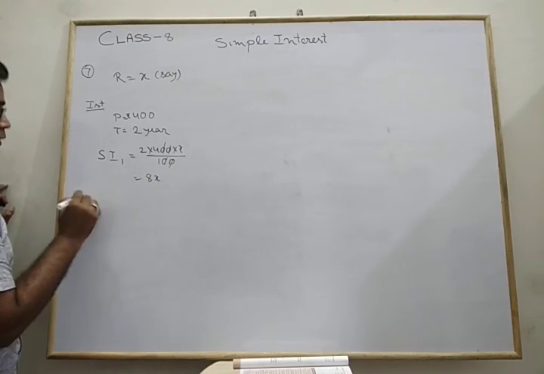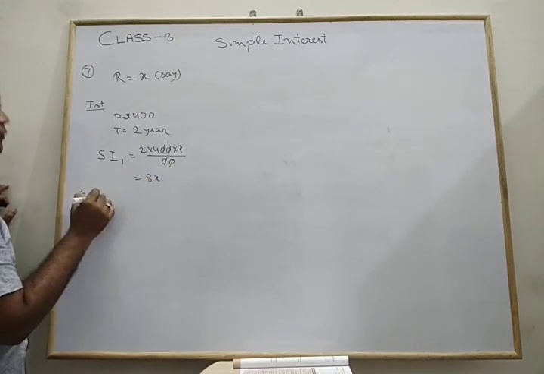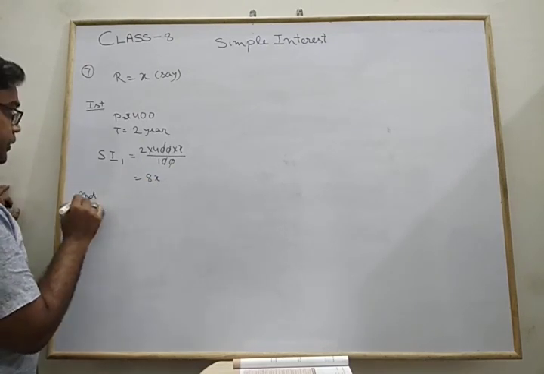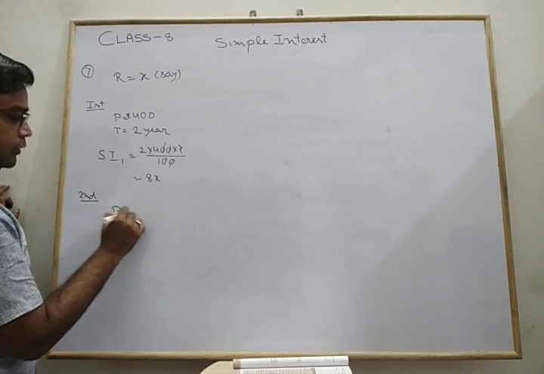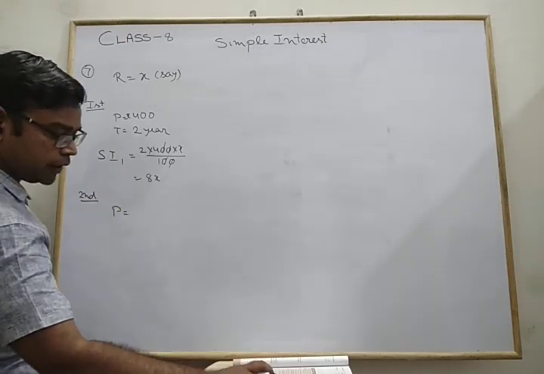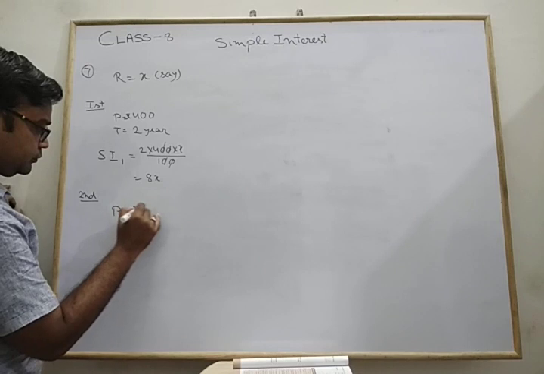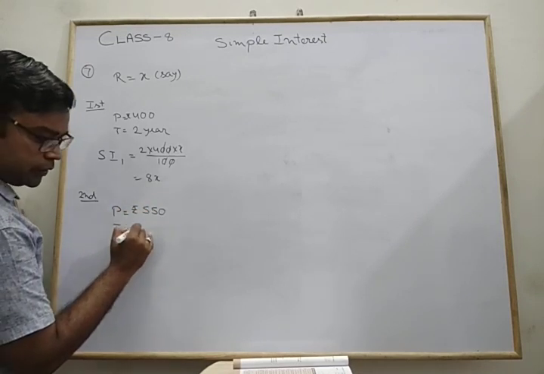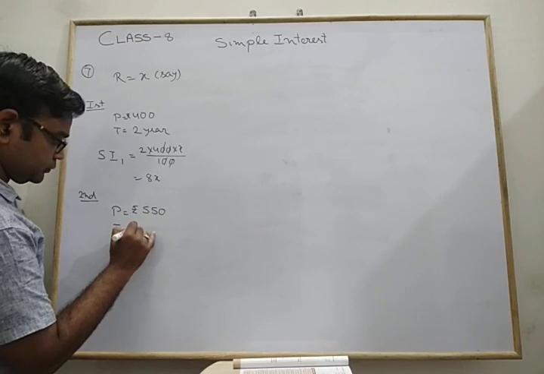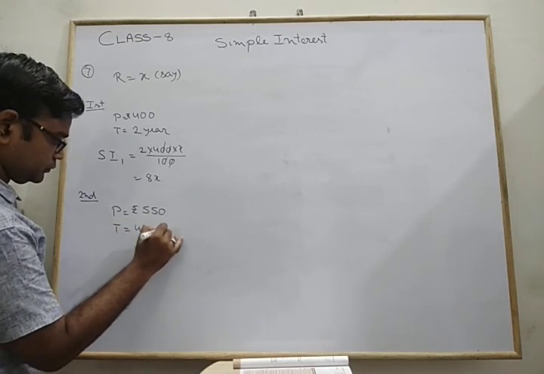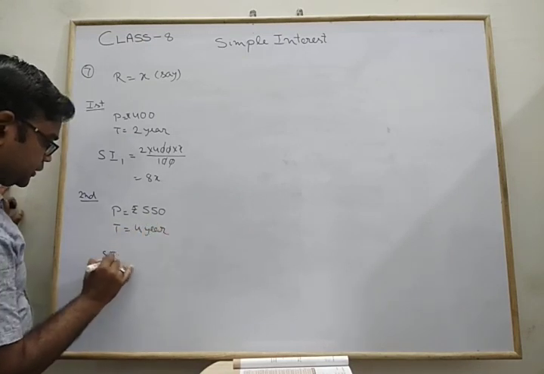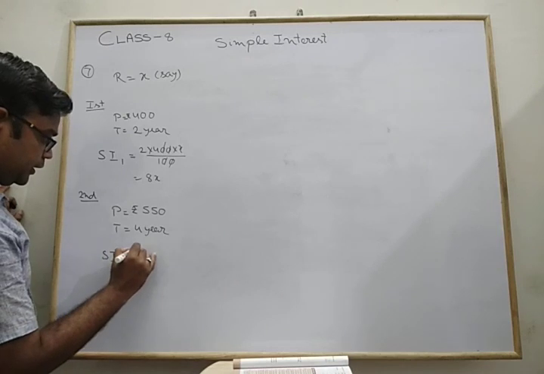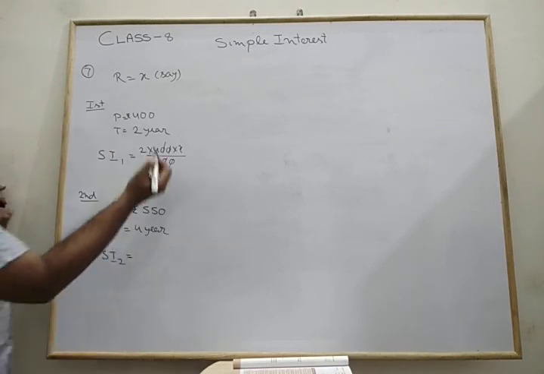For the second case, principal is 550, time is 4 years. SI2, the second SI, is 550 into 4 into x upon 100.